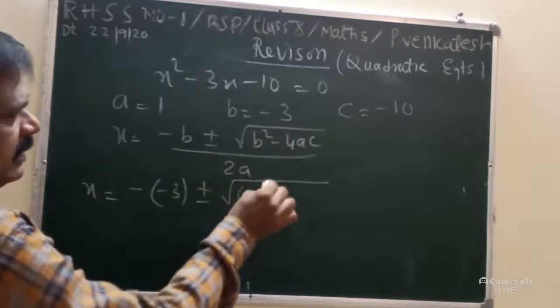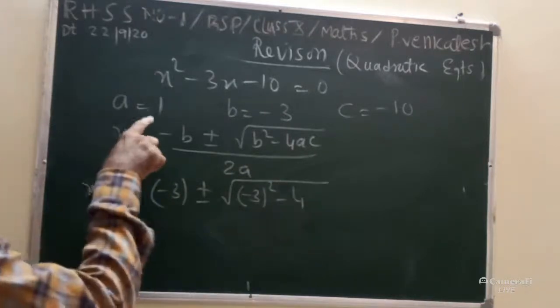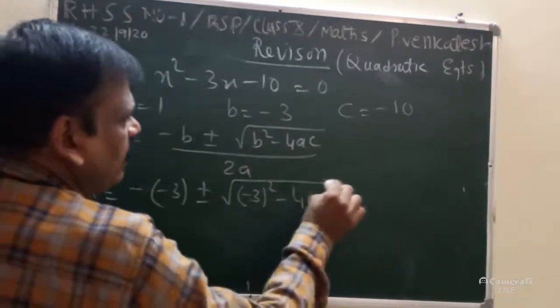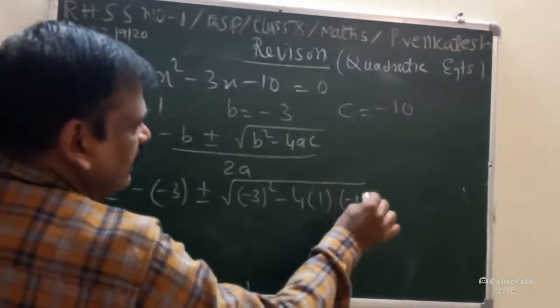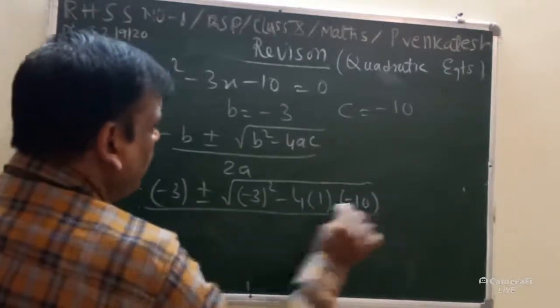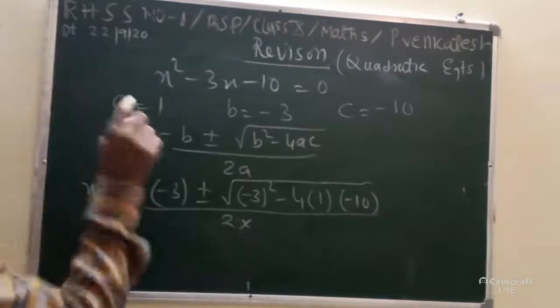Minus 3. So x equal to minus (minus 3) plus minus under root (minus 3) square minus 4 into a, a is 1, into what is c here? Minus 10, upon 2 into a. What is the value of a here?